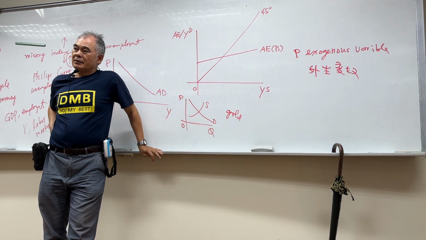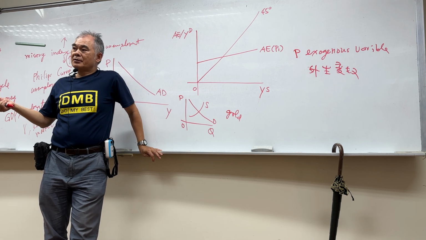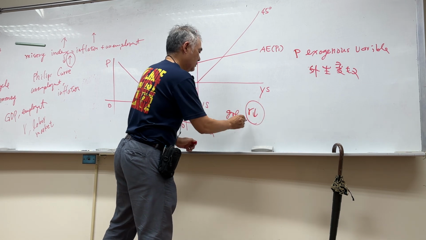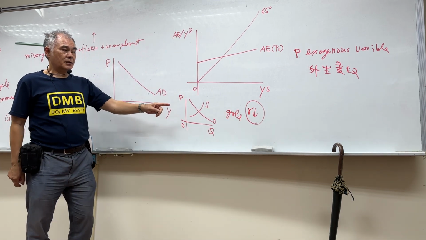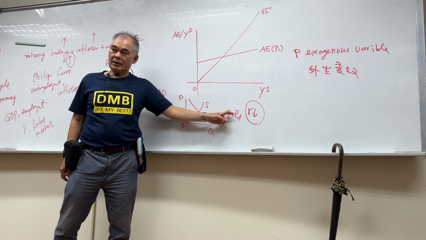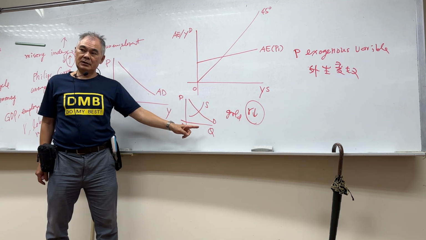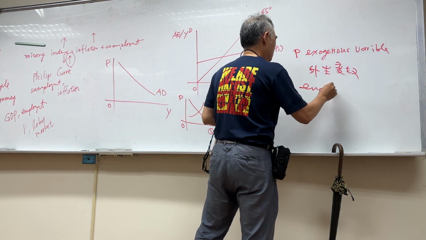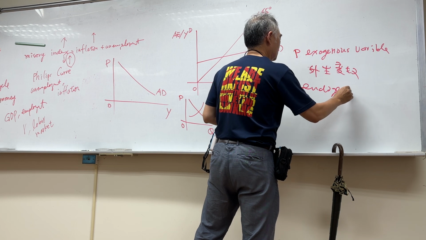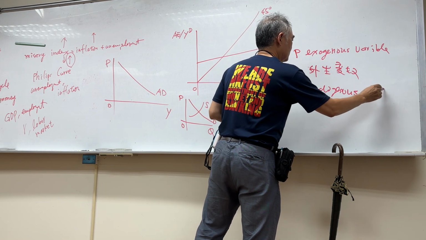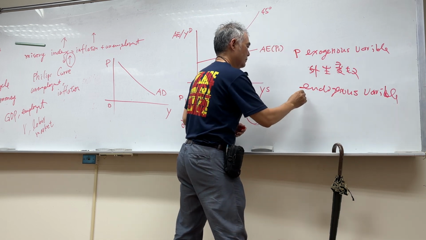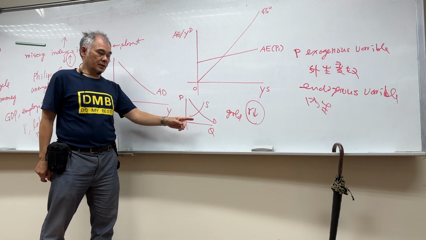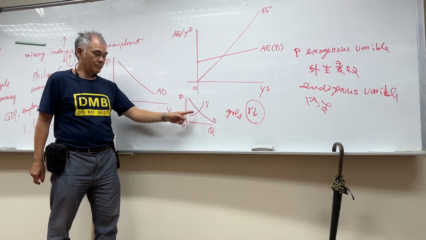What happened recently? Last week, the Federal Reserve decreased the interest rate again, right? Interest rate goes down. Because we are talking about a gold market, here the endogenous variables are Q and P.